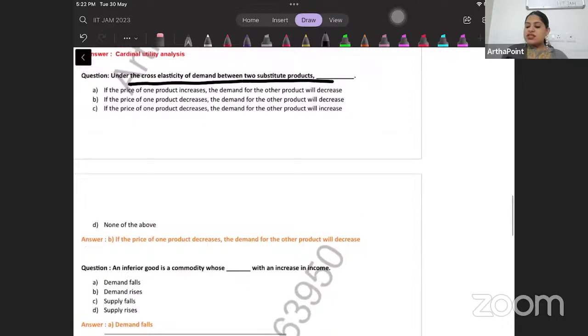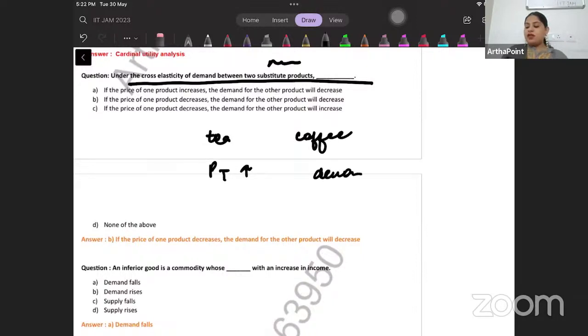Under cross elasticity of demand between two substitute products, dash. Okay, so beta, substitute products, like tea and coffee. When the price of tea increases, demand for coffee will increase. So cross price elasticity is positive.